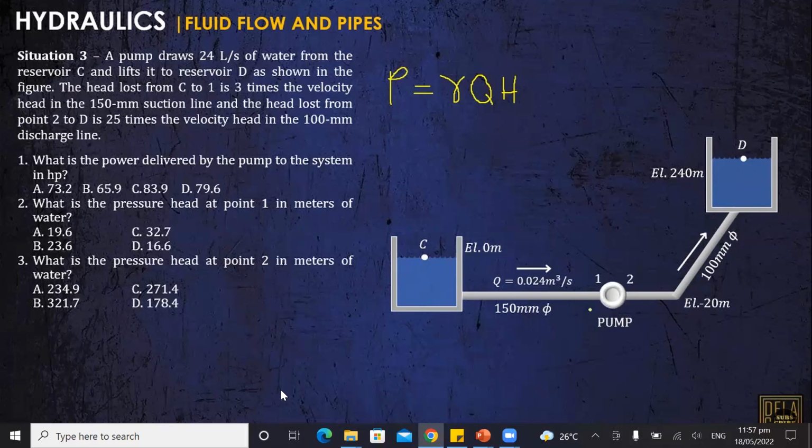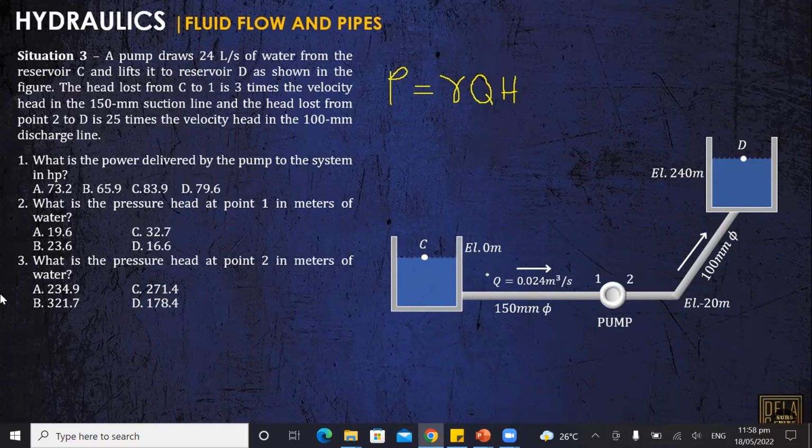So take note that in Bernoulli's equation, pipili tayo ng dalawang points. So because these are reservoirs, we'll be taking advantage here. From point C to point D tayo. Kasi sa Bernoulli's equation, pwede rin point C to point 1, pwede point C to point 2, pwede point C to point D. But first attack natin is to know a simplified approach, no?